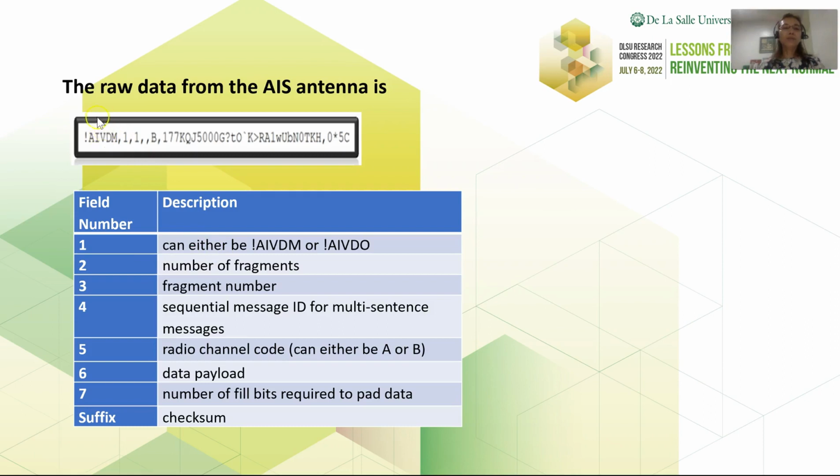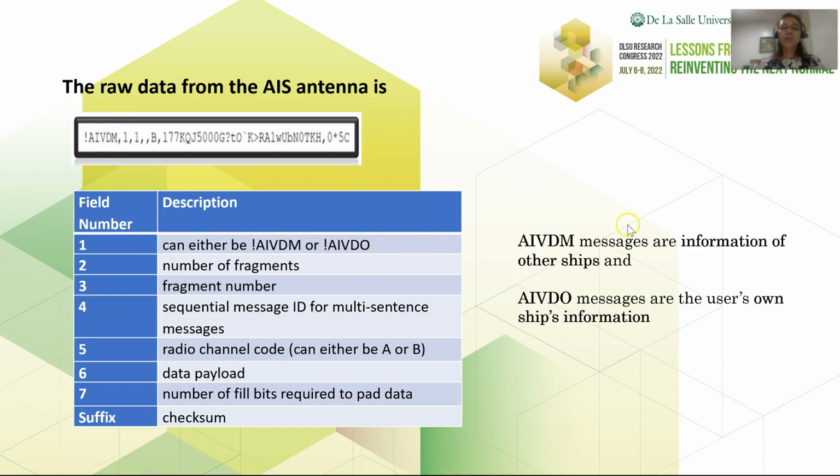Where the first field here tells us whether it's AIVDM or AIVDO. AIVDM is actually the message coming from other ships, while AIVDO is the message coming from the user's own ship. Okay, and then we have a fragment number, sequential message, radio channel, and then we have the payload. This is actually the data that contains all the information that we have displayed in the mobile app.